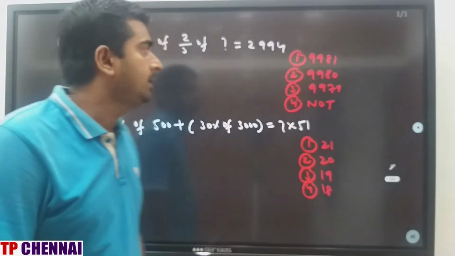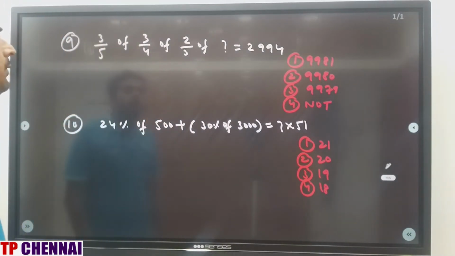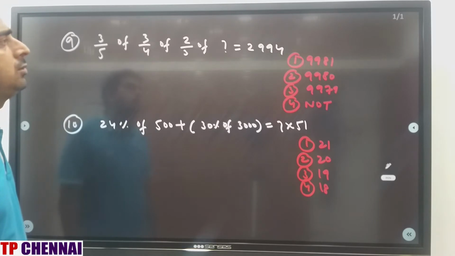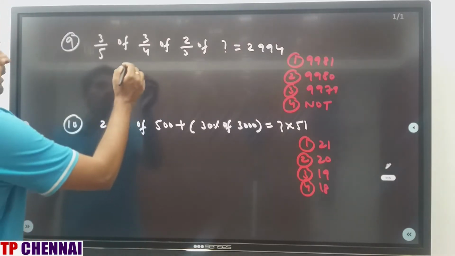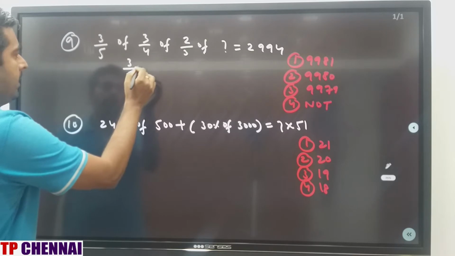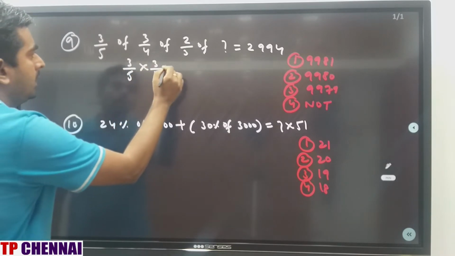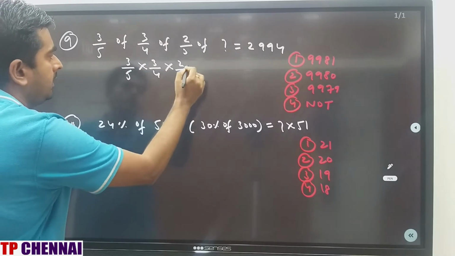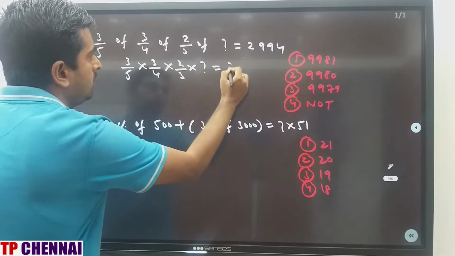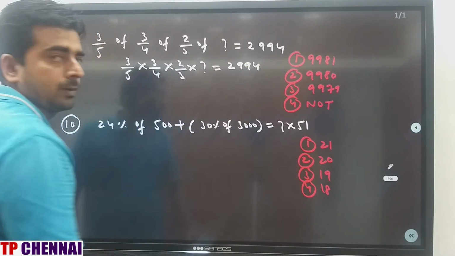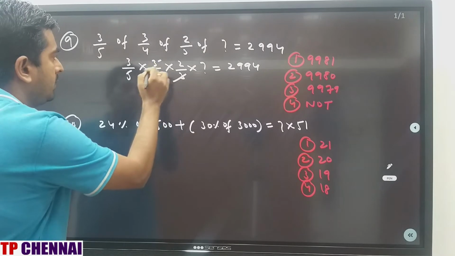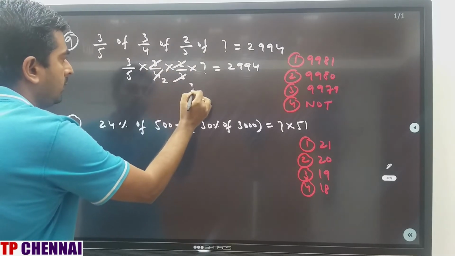Now we'll see the 9th and 10th one. 3 by 5 of 3 by 4 of 2 by 3 of question mark is equal to 2994. So this is 3 by 5 into 3 by 4 into 2 by 3 into question mark is equal to 2994. Right? So this 3 and 3 will cancel, this 2 and 2 will cancel.